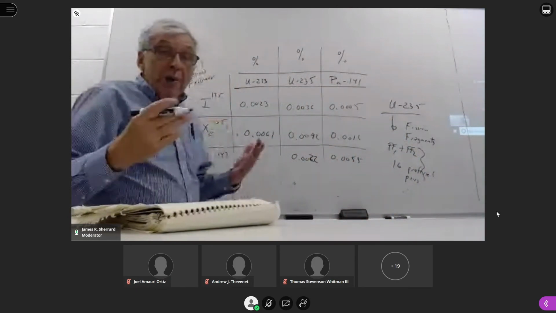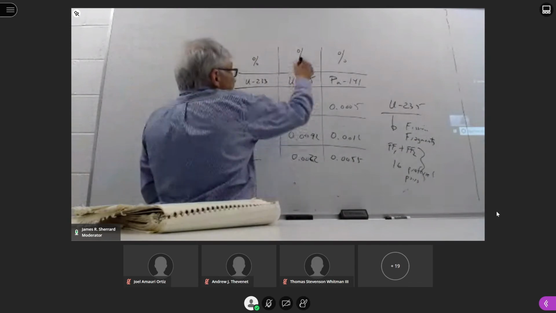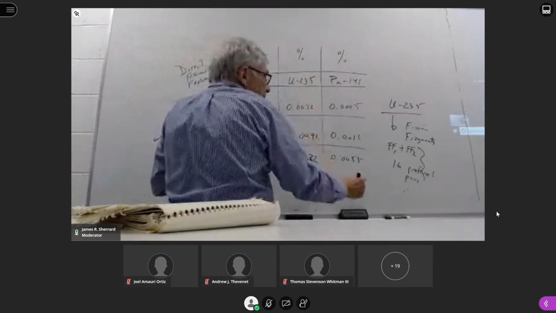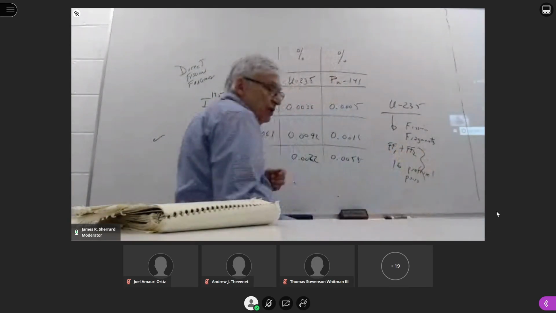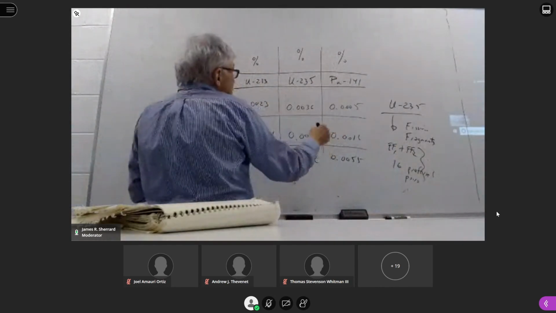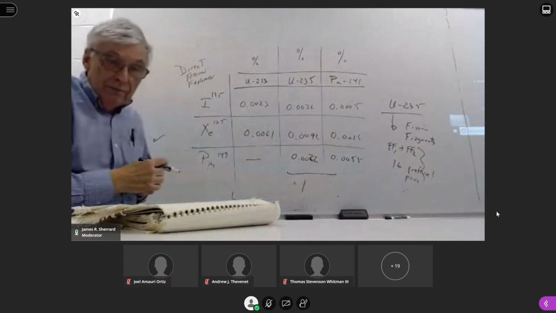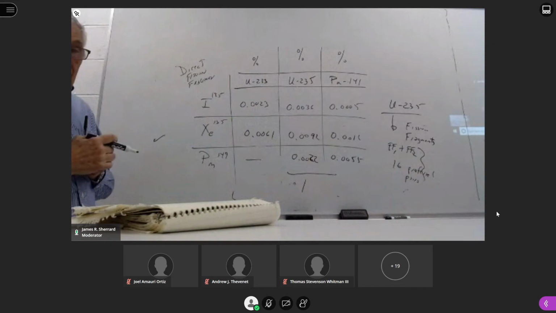But there are obviously other pairs that don't come up quite as often. If we list every possible fission fragment directly from uranium-235 and total up this column, you would end up with 1 to account for everything.